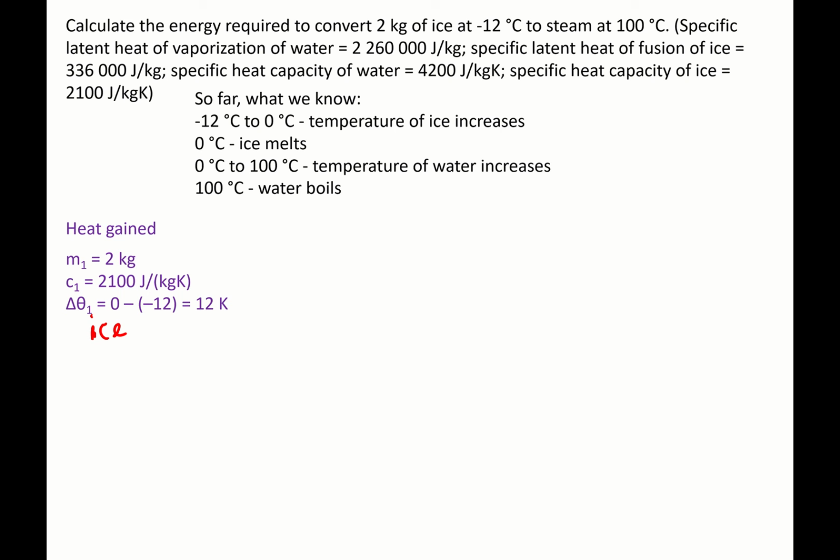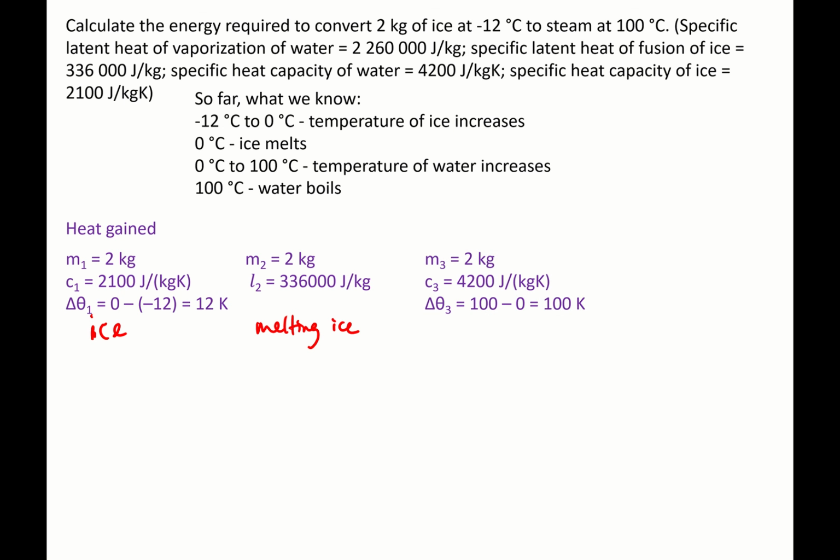So I'm not going to talk about why it's 12 Kelvin. Please refer to the previous video. So this M1 C1 change in theta 1, we are referring to this ice. And then M2 L2, we are referring to the melting ice. So energy needed to melt this ice. So these are the data available.